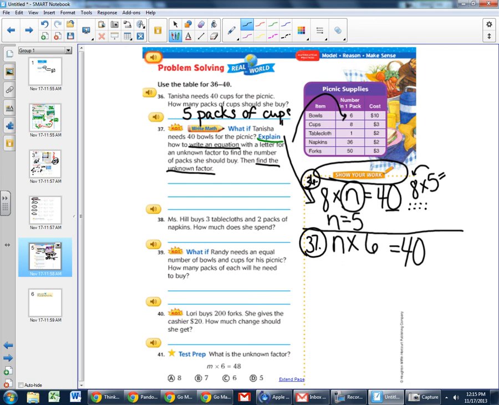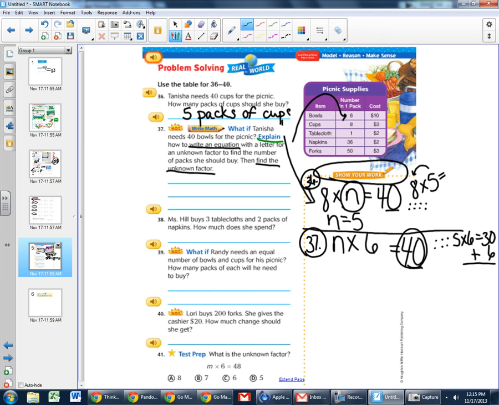So something times 6, we want to get close to 40. So it ends in a 0, so let's just test our 5 theory again. We have 5, 10, 15, 20, 25, 30. So we know that 5 times 6 equals 30. That's not enough to get us to the 40 yet. So let's just start adding 6's.